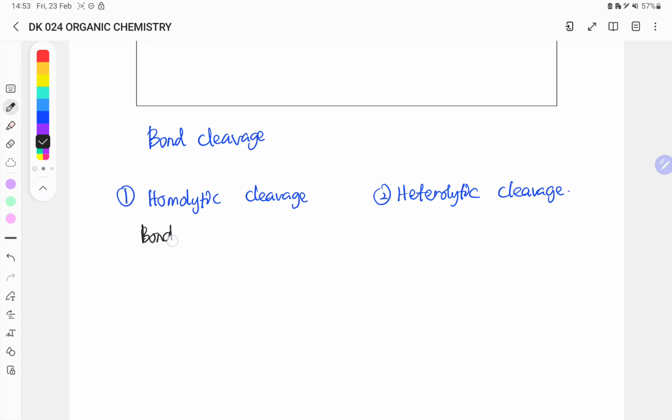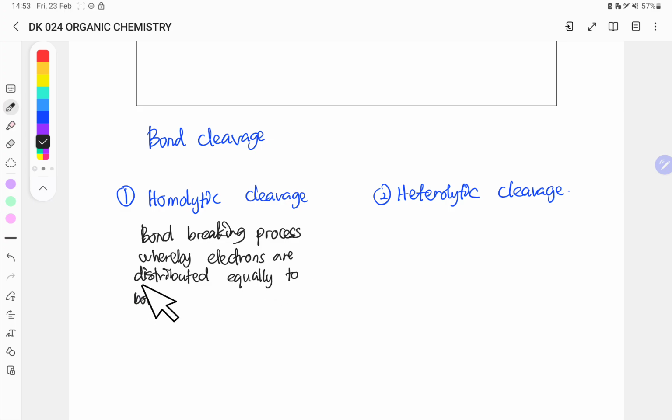Okay, so homolytic cleavage is a bond breaking process whereby electrons are distributed equally to both atoms.